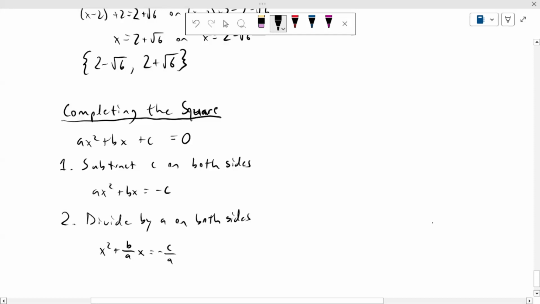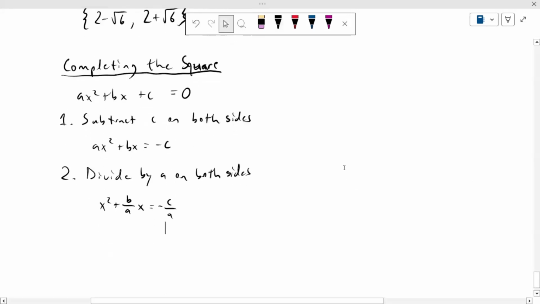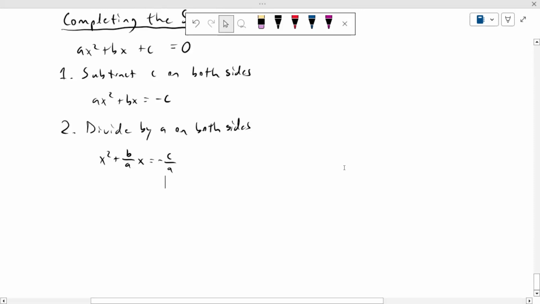Agreed? Don't forget your division distributes, right? Everybody good so far? Because I'm trying to present this in steps that are easy to follow, right? So is everybody okay so far?